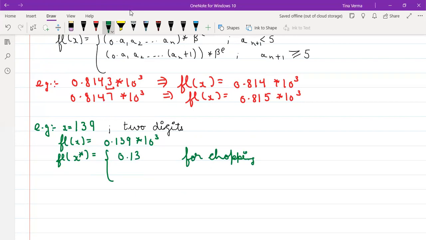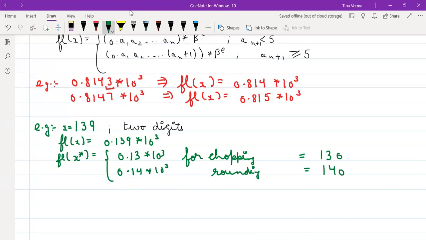So it will be your 0.13 into 10 raised to the power 3. And in case of your rounding, it is 0.14 into 10 raised to the power 3. So that means the number when you will store in the computer, it will be 130 for chopping and it will be 140 for rounding.